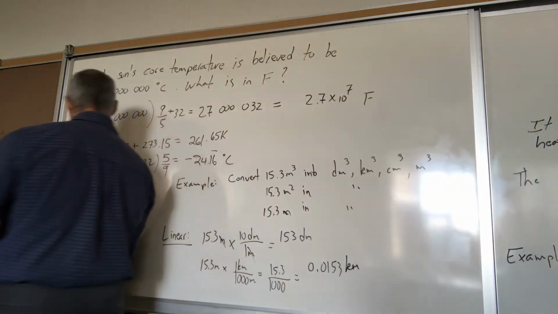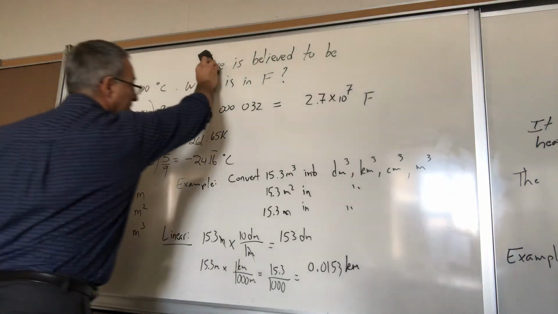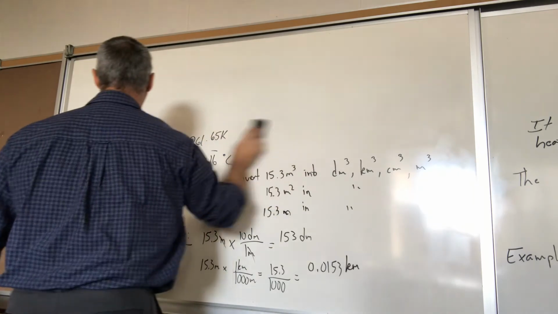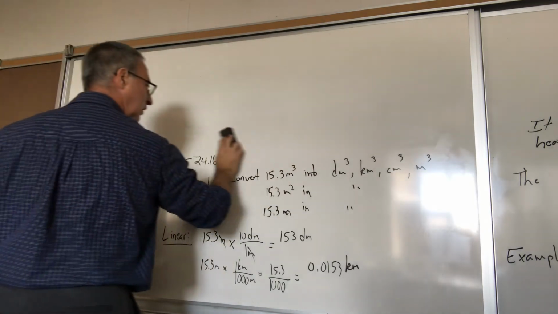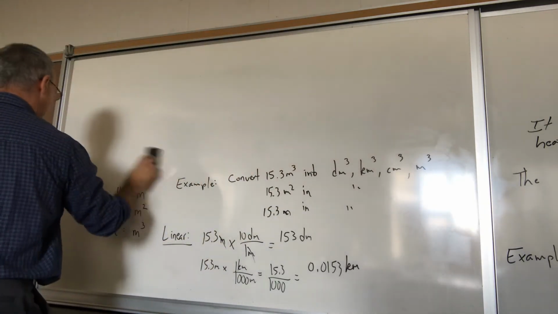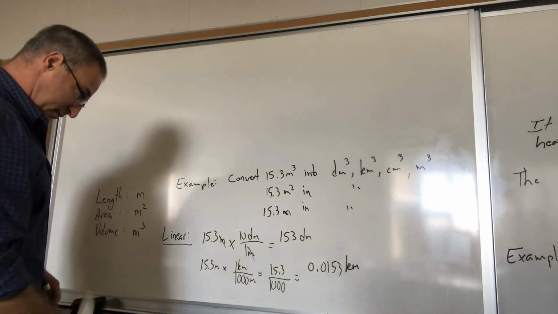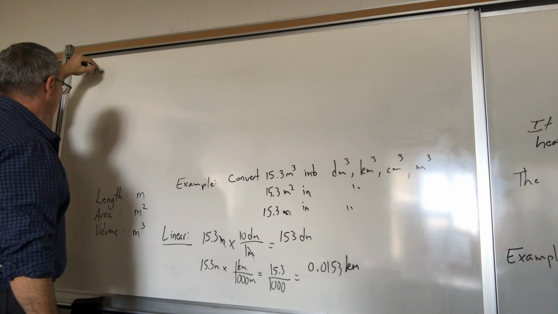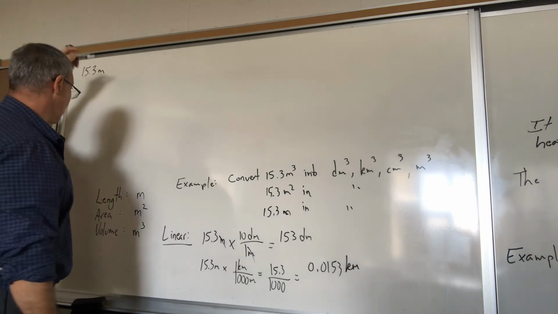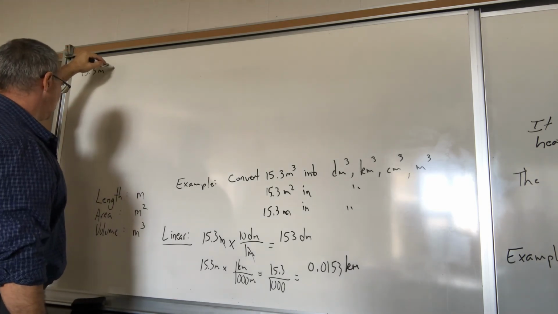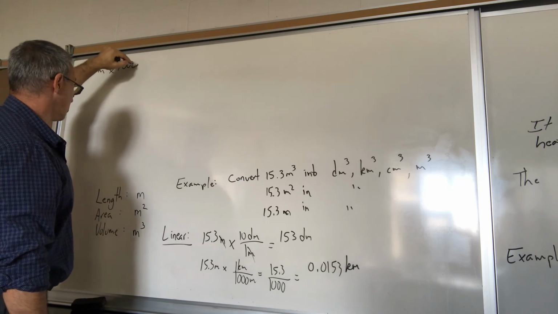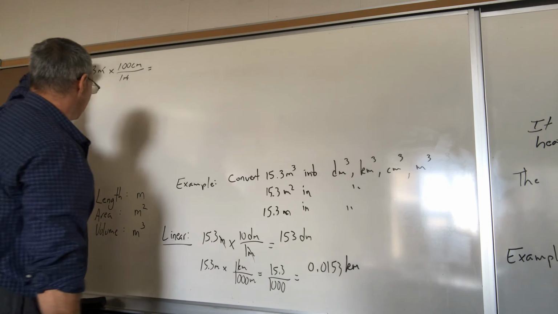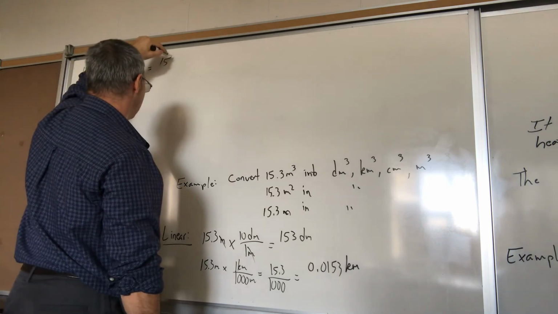Continue writing up here so we don't move the camera. If I want to convert 15.3 meters into centimeters, I'm going to say there's 100 centimeters per 1 meter. So meters cancel and I add 2 zeros to that.